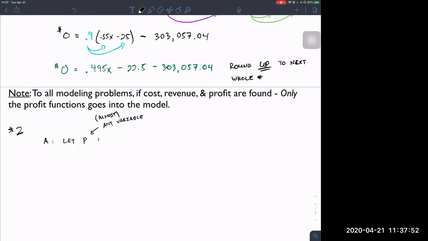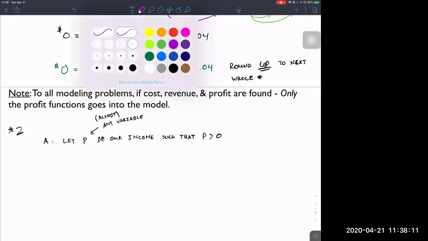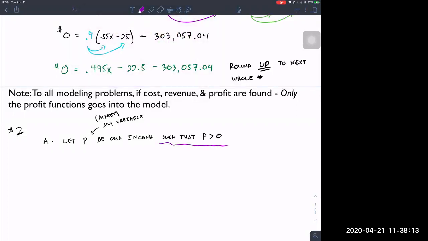So let P be our income. And it says that it has to be positive. Now, this is me being super nitpicky, but when I say let P be our income such that P is greater than 0, this statement mathematically is how you represent the fact that in question A, and I'll read it out loud for everyone again, it says, your business has been consistent such that you have a positive income each month.